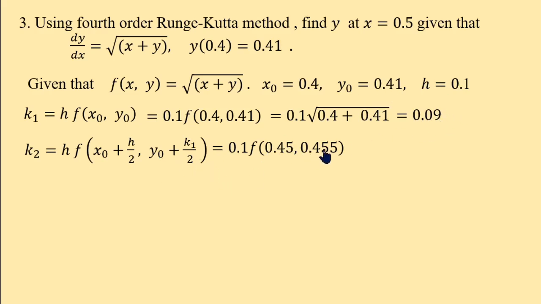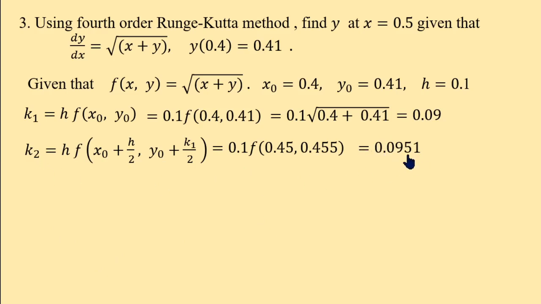So that is 0.455. 0.1 into square root of 0.45 plus 0.455, x plus y. f of x, y is root of x plus y. So its value is 0.0951.